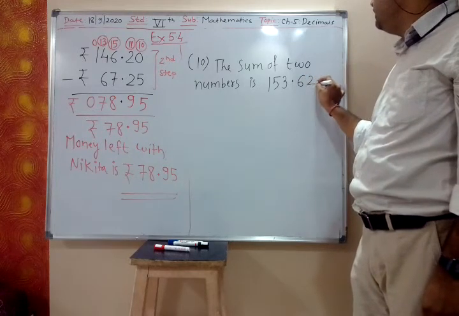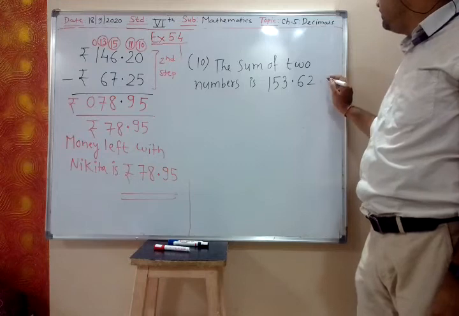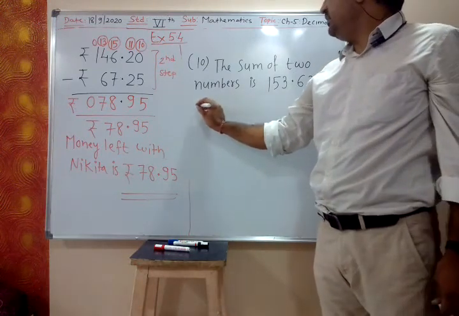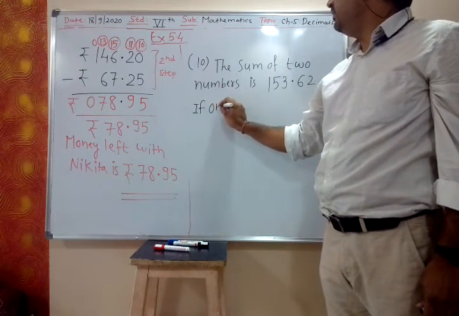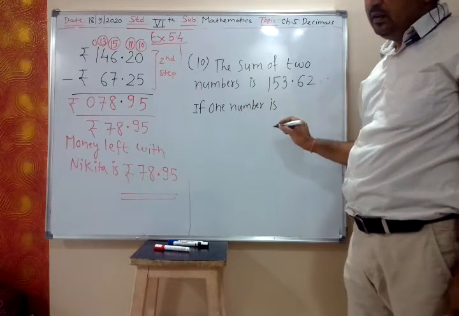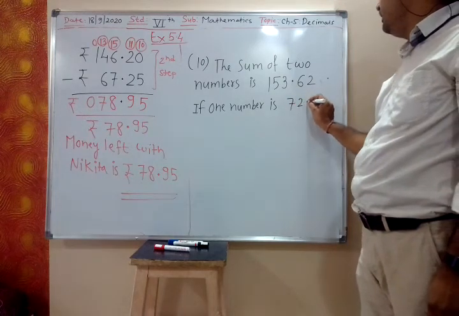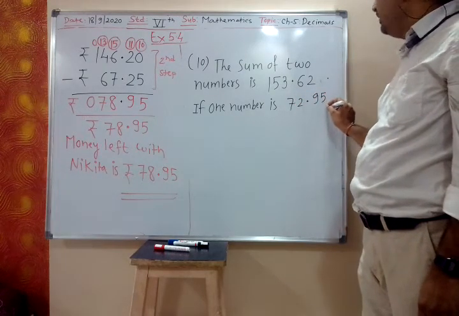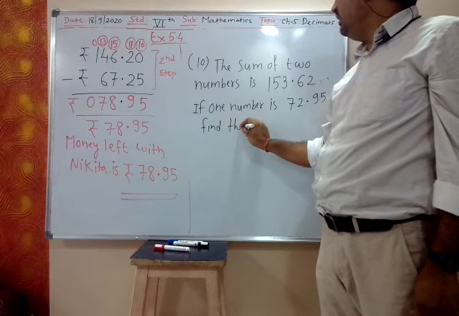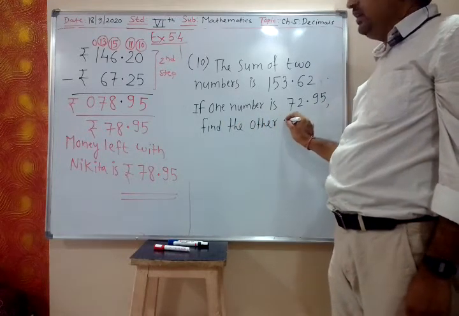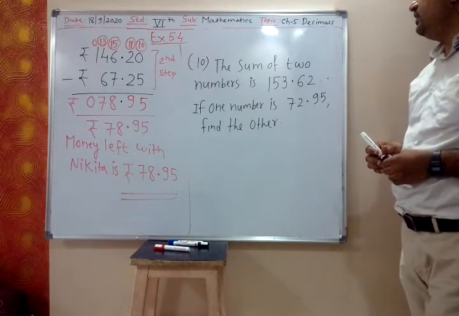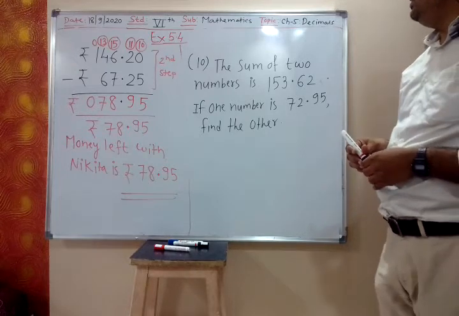If one number is 72.95, find the other. Other means the other number. The sum of two numbers is 153.62. If one number is 72.95, find the other number.